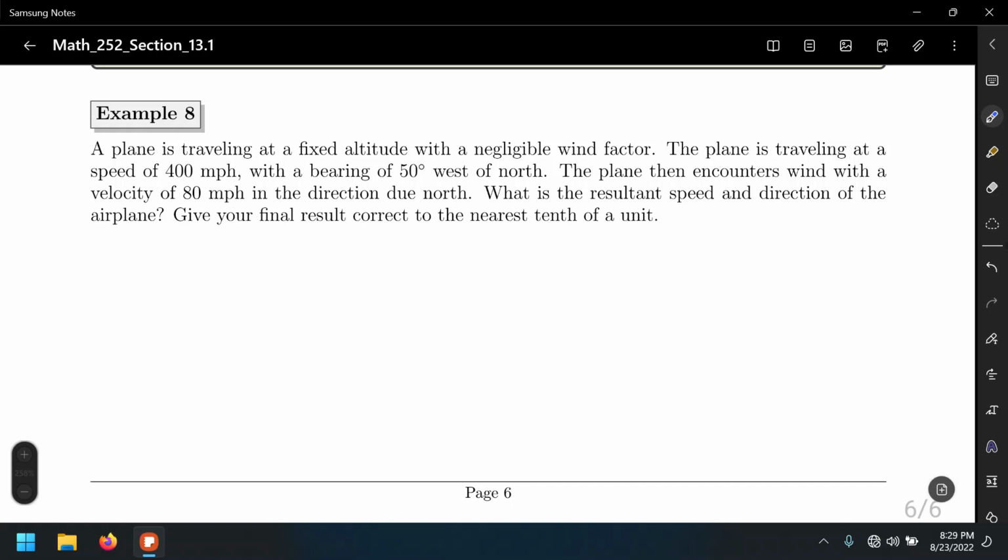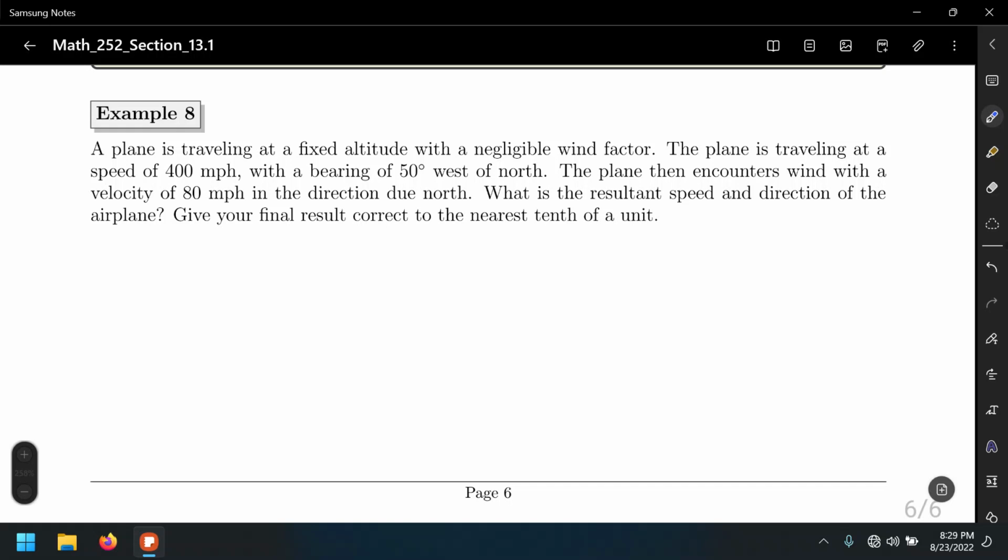And the plane then encounters a wind with a velocity of 80 miles per hour in the direction due north. What is the resultant speed and the direction of the airplane? They're asking to provide the answer to the nearest tenth, to one decimal.